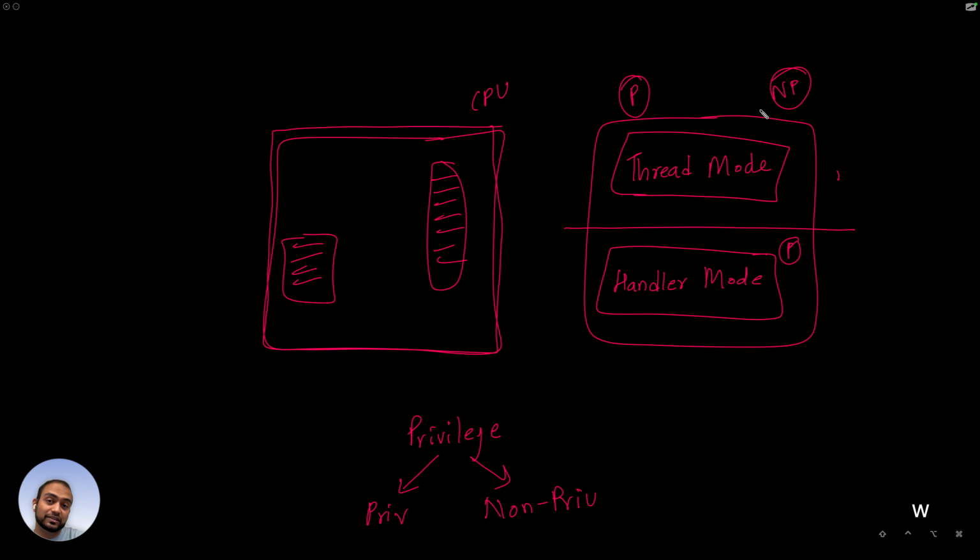Even in thread mode, if it is privileged, then the code can reach out to the control and status registers. You, the programmer, can write some code that can go and reach the control register, for example. That can happen when the CPU is in the privileged state. In the non-privileged state, that is forbidden.